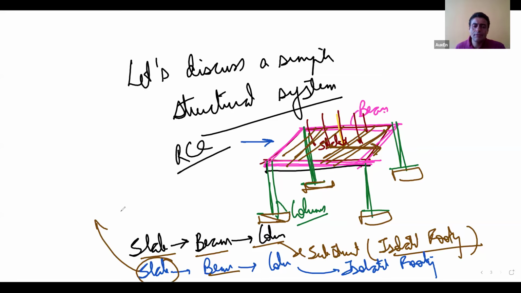Usually in those cases we call our slabs diaphragms. That action is called diaphragm action, through which the slabs transfer their loads to beams and then to columns. Is this term clear, diaphragms?